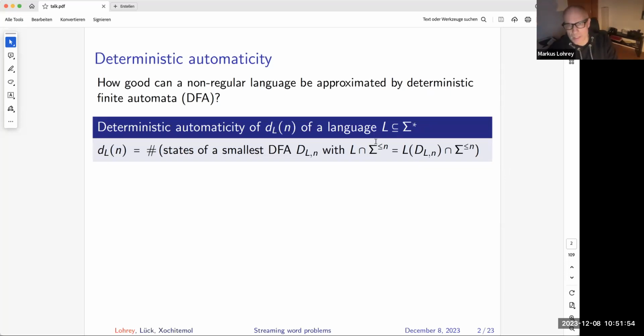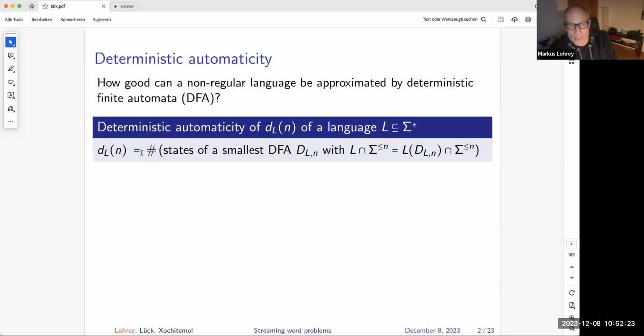So that's the question, and let's directly go to the definition. Take a language L over any alphabet, let's say Sigma. The language could be regular, but the interesting case comes up when L is not regular, so when it cannot be recognized by a deterministic finite automaton. Then the deterministic automaticity of this language L is this function D_L(n). How is it defined?